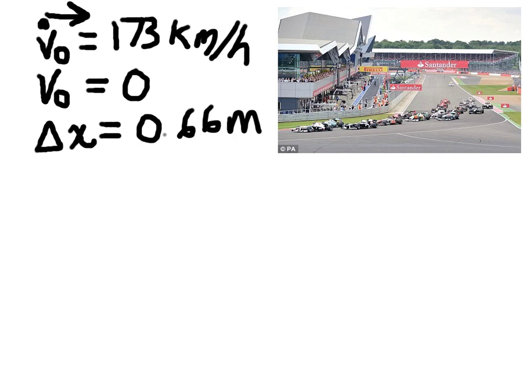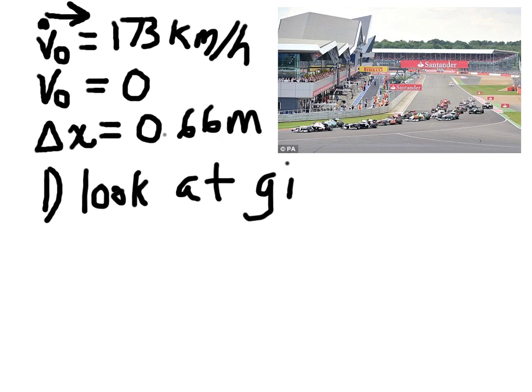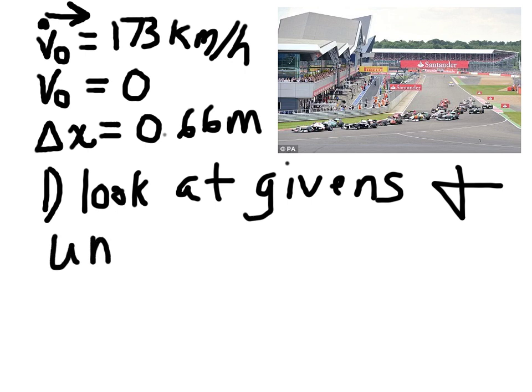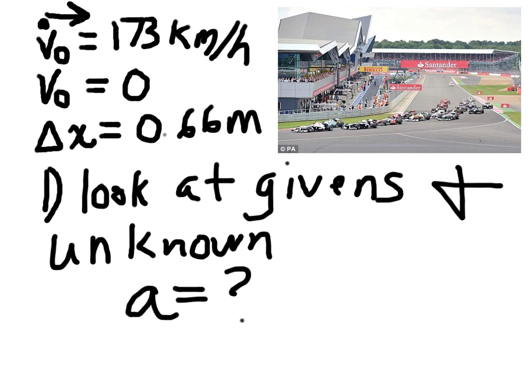My first step in picking an equation, so step 1 for picking an equation, is look at my givens and my unknown. So remember, I am trying to find David Purley's acceleration.